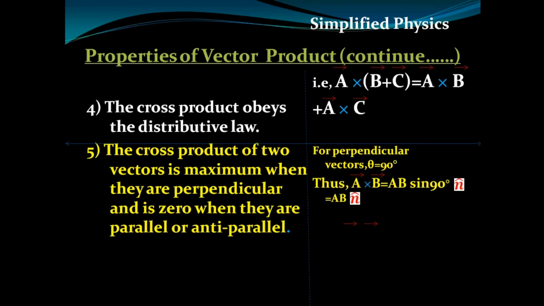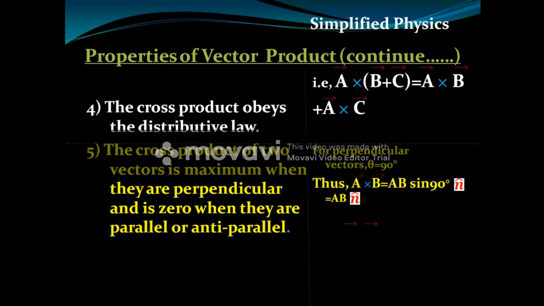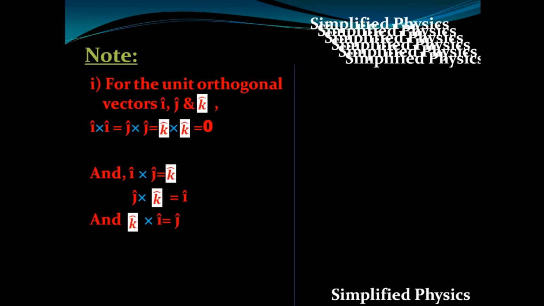When theta equals 90 degree, a cross b vector equals ab n cap, because sin 90 degree equals 1. When theta equals 0 degree or 180 degree, in such condition a cross b vector will be 0.